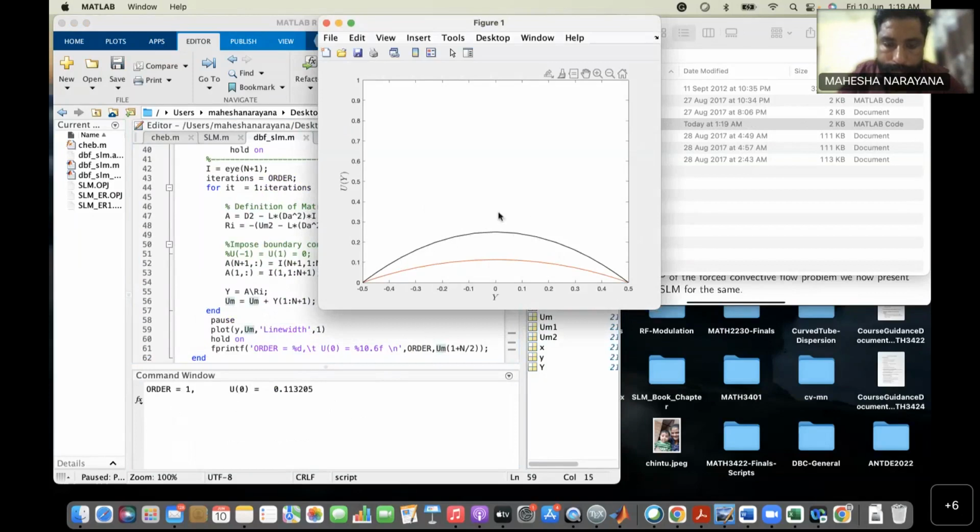The red one is the first correction. And as you keep pressing the key, you see that the color of the second curve is changing, but it has already converged. After the second iteration, it has already converged.